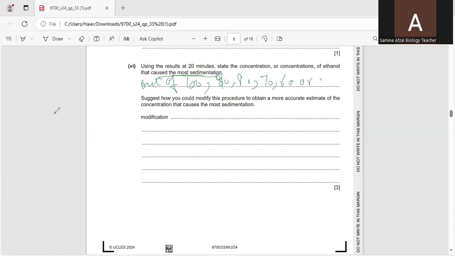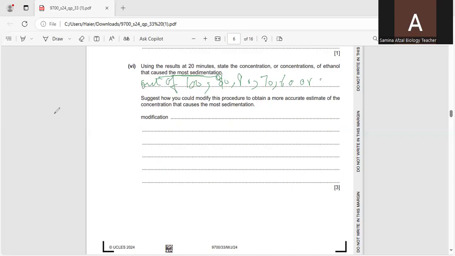As for example, I want to give one example according to your marking scheme, that you can use the concentration of ethanol either side of the concentration stated, or you can use narrow intervals close to the concentration that caused the most sedimentation.